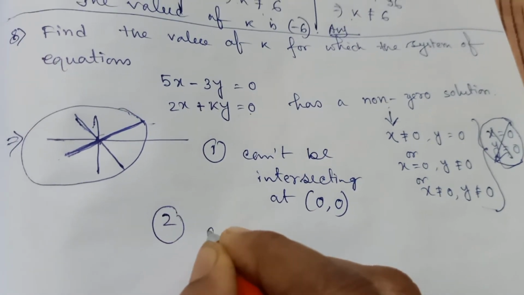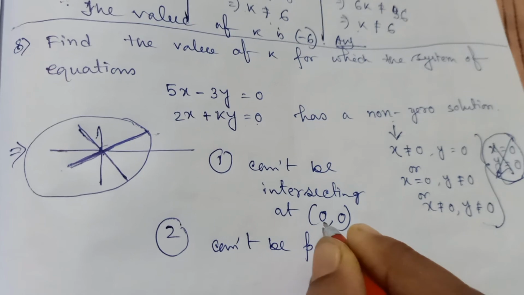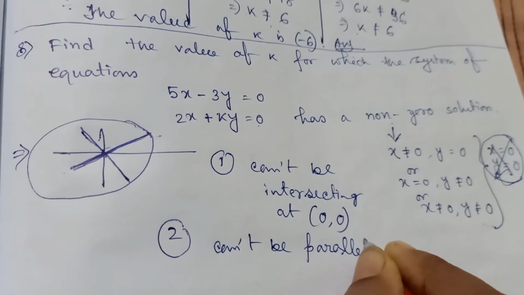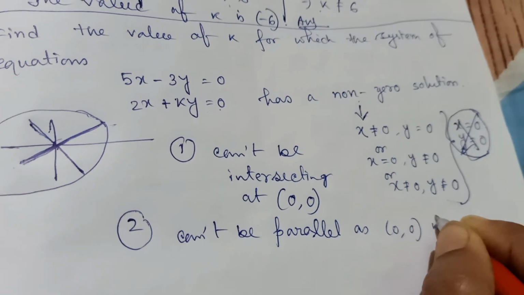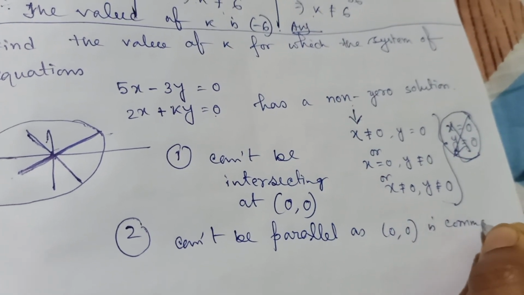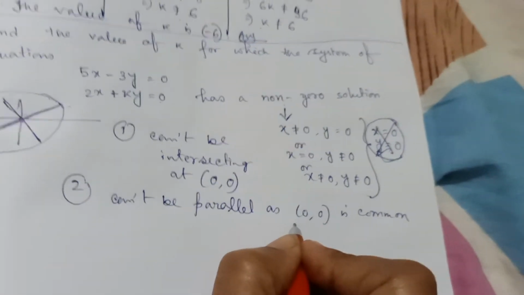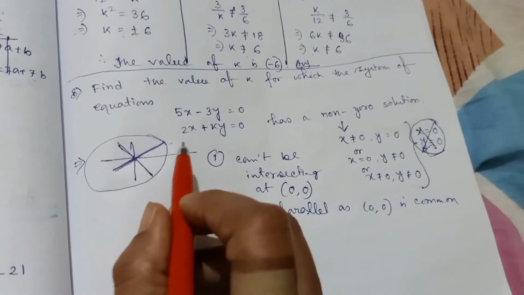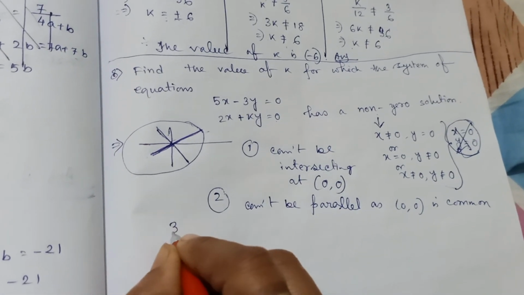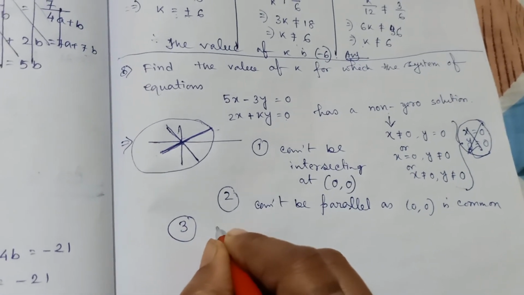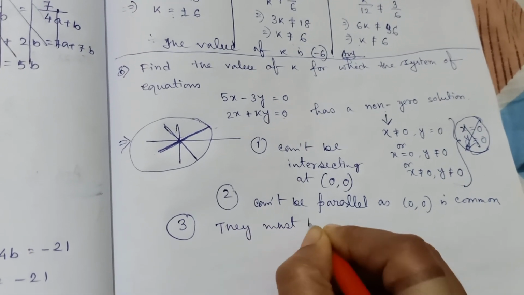Number two, they can't be parallel because they have a common point 0, 0. As 0, 0 is common, because both are going through the origin, this point will always be common for these two equations. Now what is left? Number 3, they must be coincident.